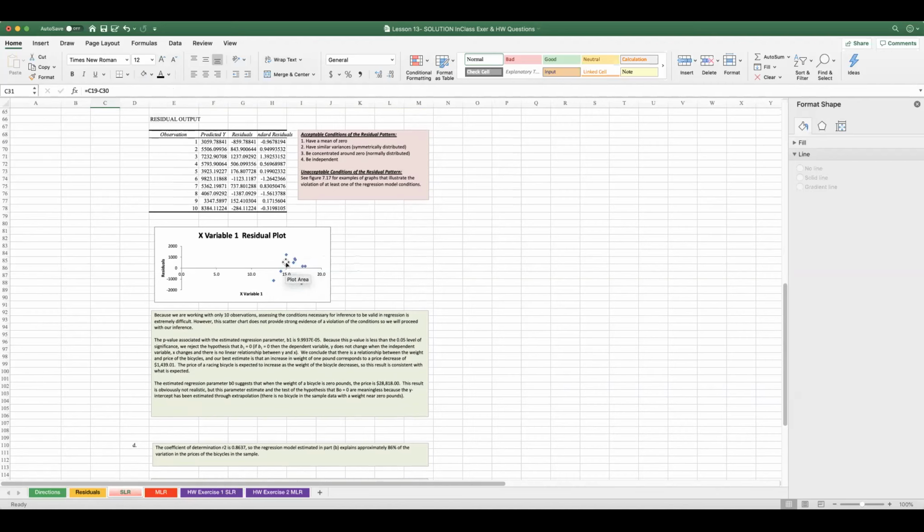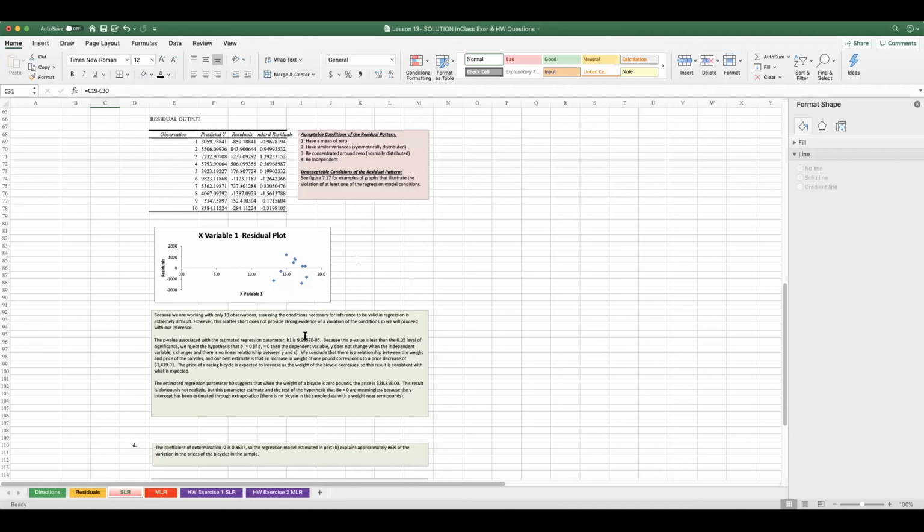So I would be okay with using the coefficients as the equation and helping us predict values. I don't see any real big issues. There seem to be equal number on both sides. Again, you have to be super careful because there's not enough data points to really say for certain what issues might exist, which is why you want a bigger sample size.